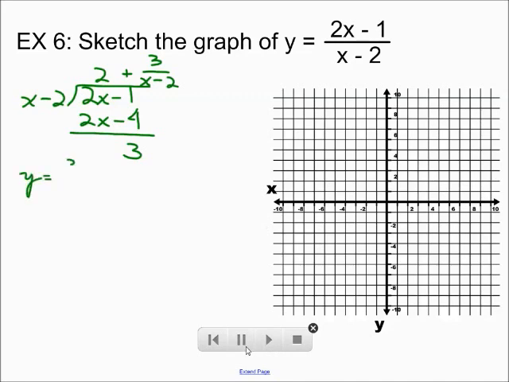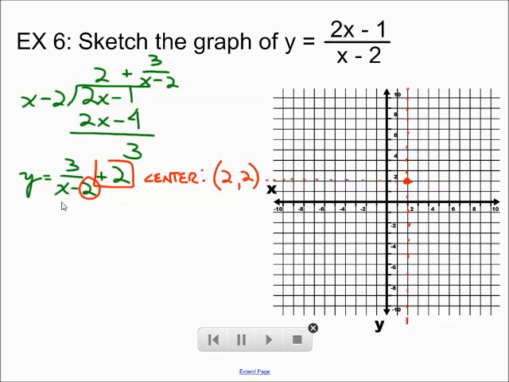So now we've got it in the form a over (x minus h) plus k. I just flipped these around because addition is commutative. All right, so our center should be (2, 2). Then we can plot our center and make our asymptotes.